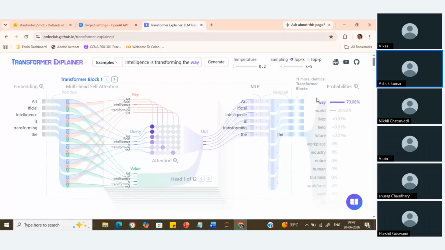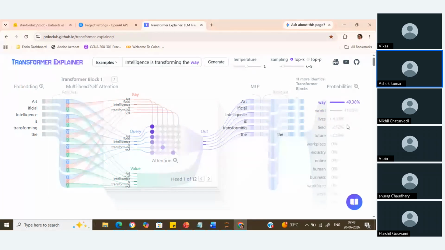If I'm moving the temperature towards zero, it means I'm reducing the diversification inside the output. It means I will be able to get one output, two outputs based upon the value of the temperature. If it is towards zero, less diversification will be there, like I will have fewer values in the output. But if I increase the temperature, the diversification will be more.